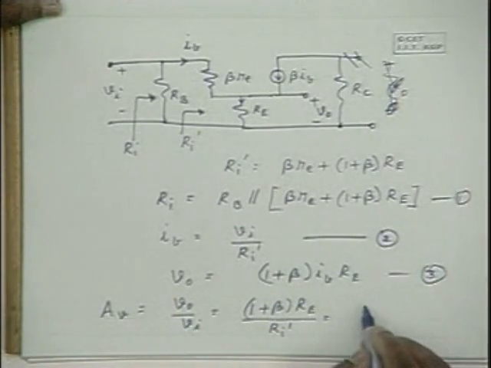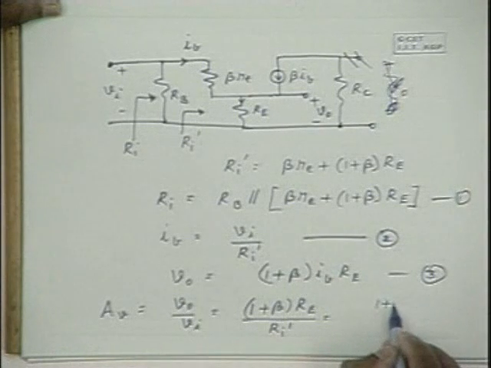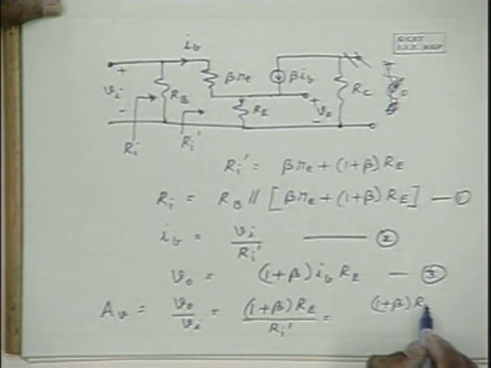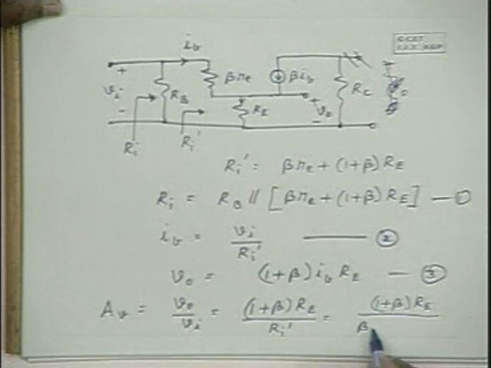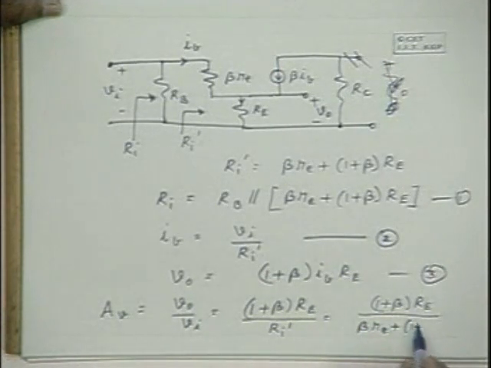And substitute for Ri dash here. This is the expression for this. Please note that this is equivalent to this. So the denominator is more than the numerator. As a result, this is going to be less than 1. And when this is usually much smaller than this, therefore this is approximately 1. Voltage gain is approximately 1.